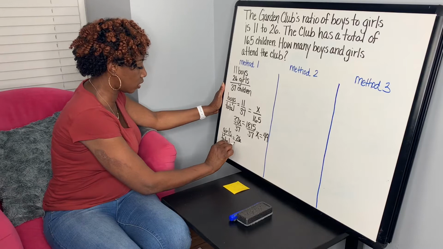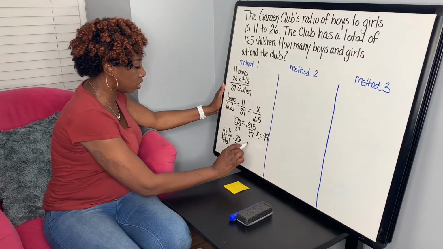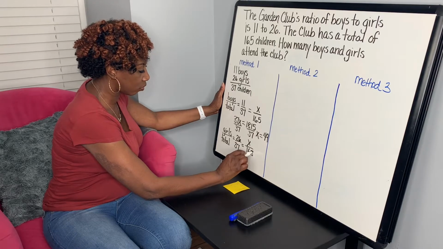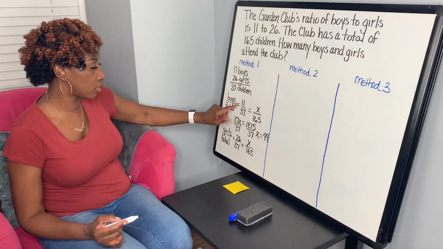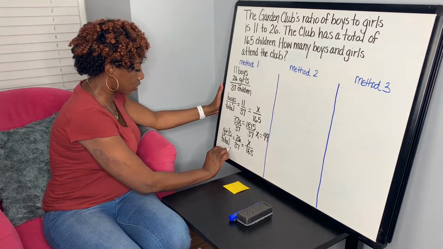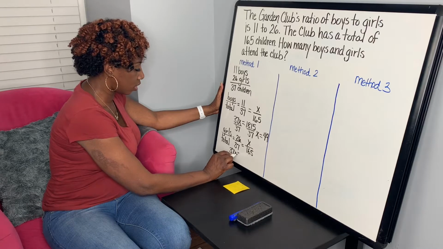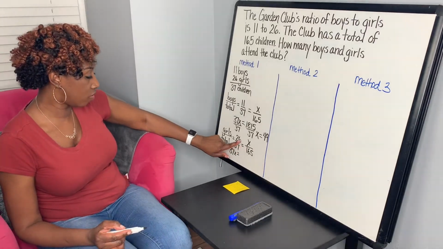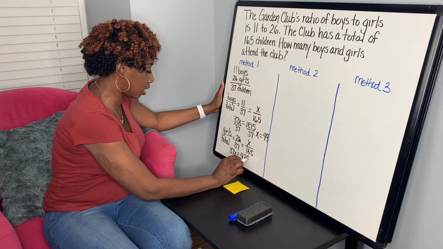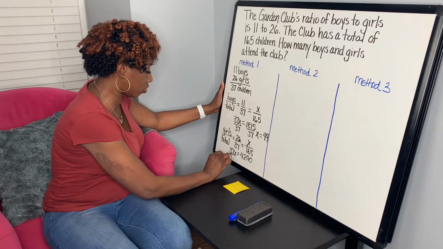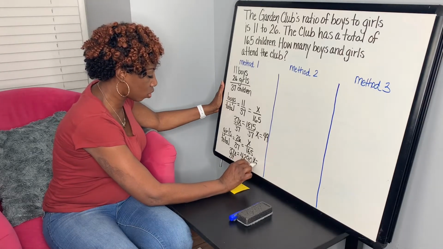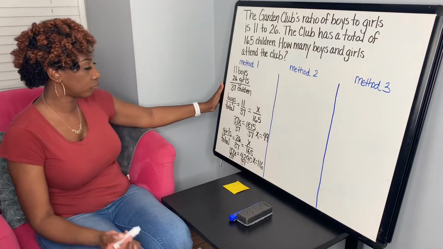So that's going to be 26 out of the 37, equal to the unknown girls out of the 165. If I cross multiply, I get 37x equals 165 times 26, which is 4,290. If I divide that by 37, I'm going to get x equals 116.